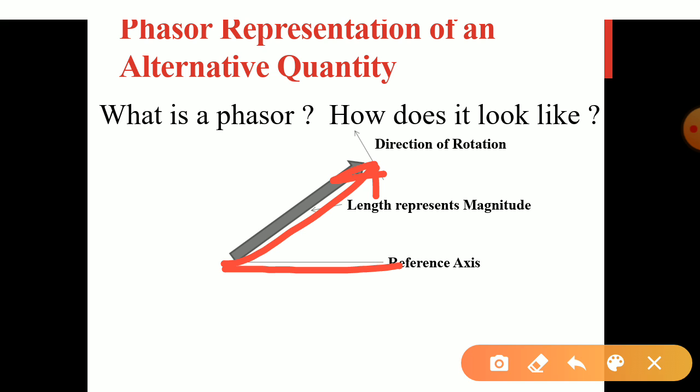For a vectorial quantity, we require theta, that is the angle, which we measure from this x-axis to the magnitude part.